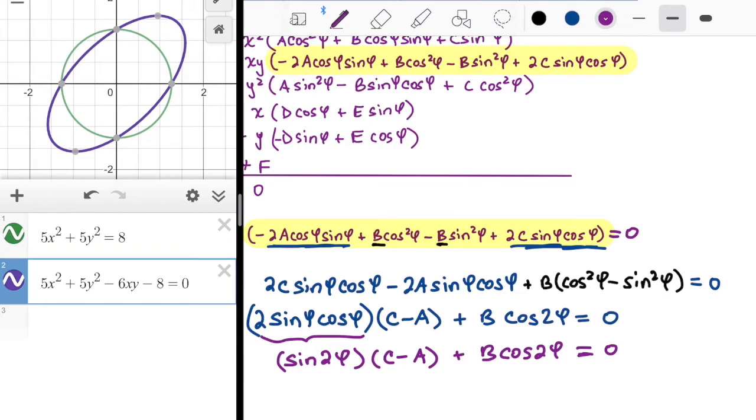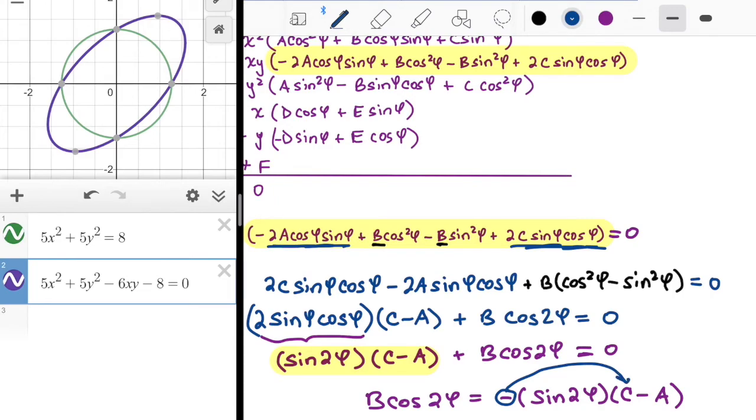Okay, so what I'm going to do is just move some things around. I'm going to vacate this term, so I'll bring that to the other side. So I'm going to have B cosine 2 phi, and that's going to be equal to a negative sine 2 phi C minus A. That's capital A. Jeez Louise, like a rookie here.